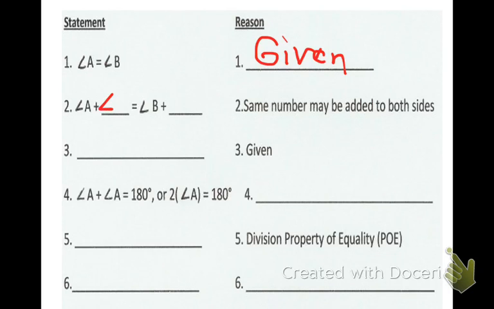So angle A plus angle A equals angle B plus angle A. What's my other given statement? Angle A plus angle B equals 180 degrees. That's my other given statement.